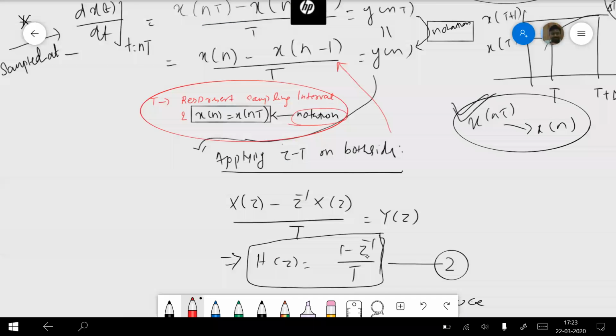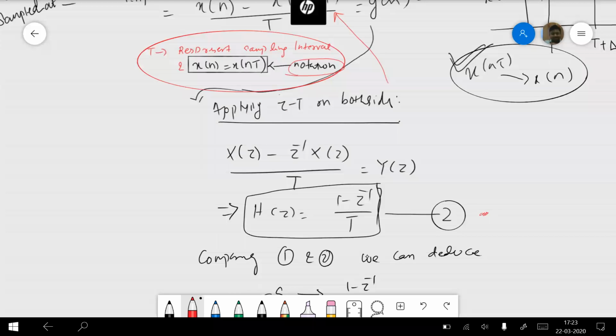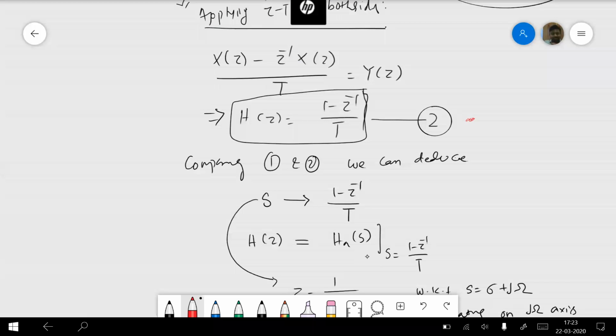Now you have given equation number 2. Now if I compare 1 and 2, we can deduce that my s is mapped to 1 minus z inverse divided by t.